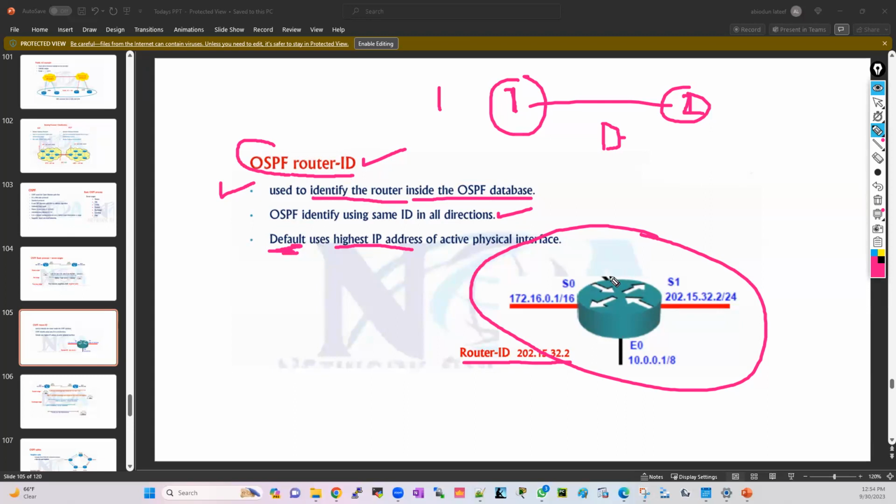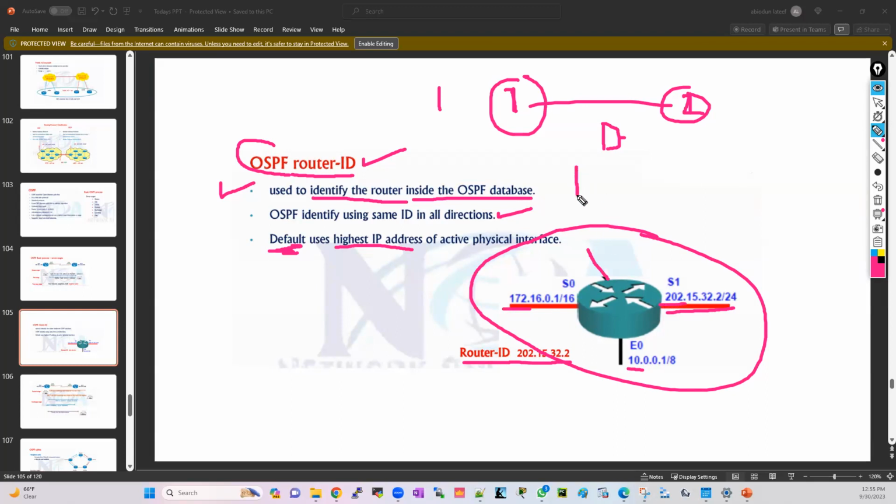Let us say we have 3 connected interfaces. One of the interface IPs will be used as the router ID. It doesn't have anything to do with anything other than identification. If you look at this, 202 is the highest number: 172.16, 10 dot something. 10 is lower than 172, and 172 is lower than 202. So 202 is the highest IP.